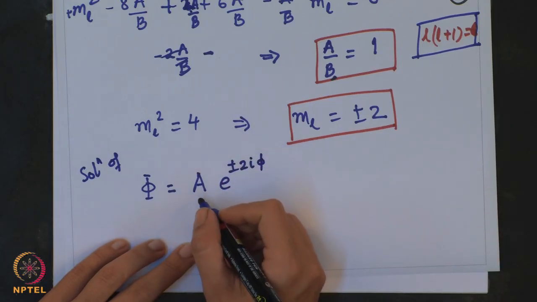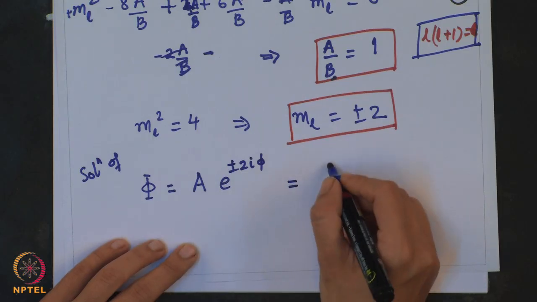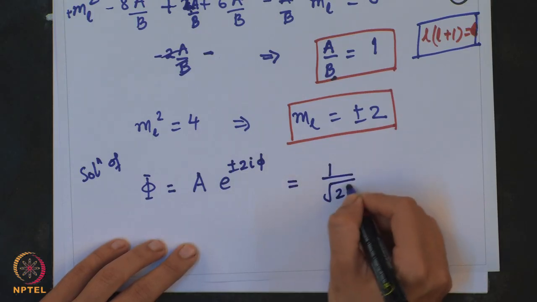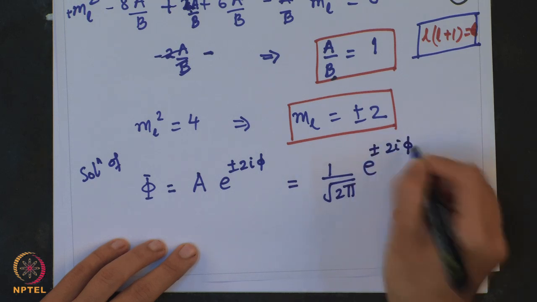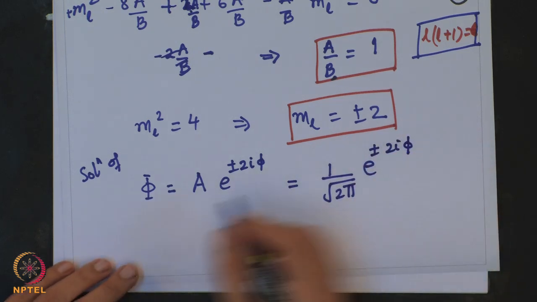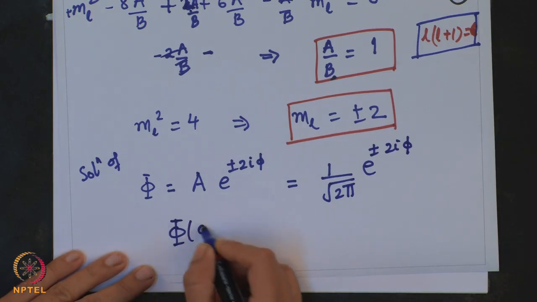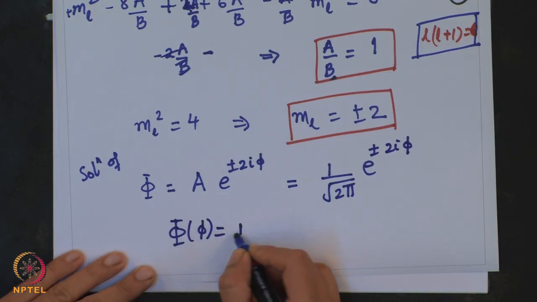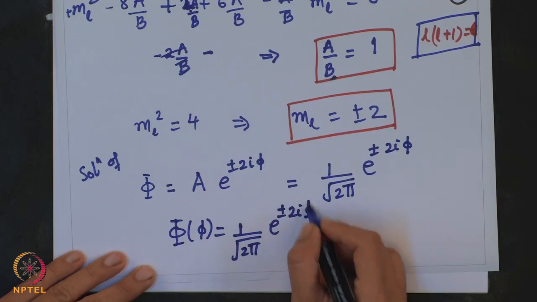When you find out the normalization factor, this is nothing but 1 upon square root of 2 pi e raised to plus minus 2I phi. So this is the solution.